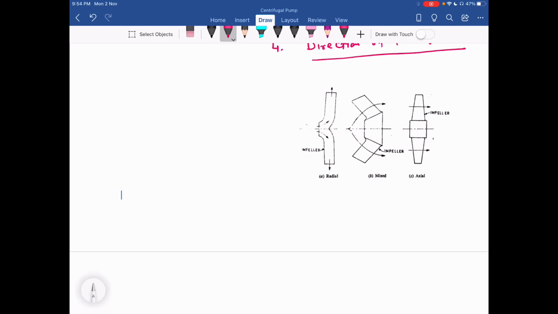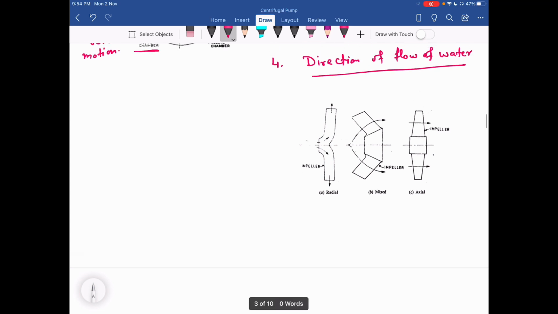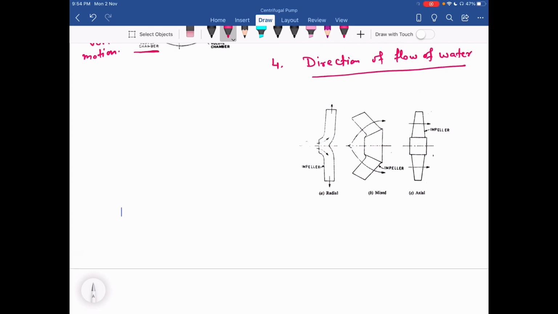Okay, so depending upon this, you can see we have three different types of pumps. One is called radial flow, the second one is the mixed flow, and third one is the axial flow.